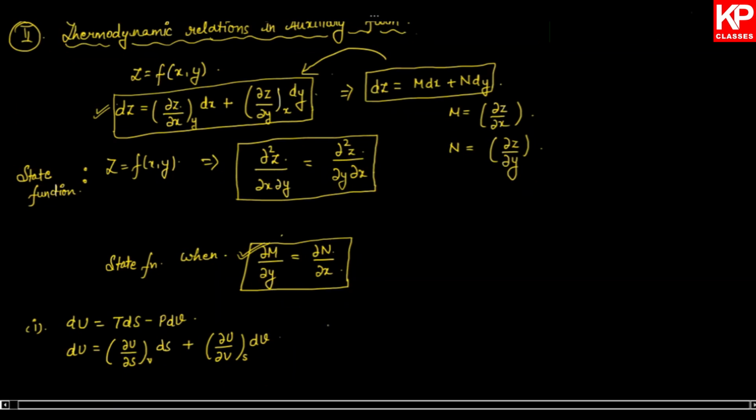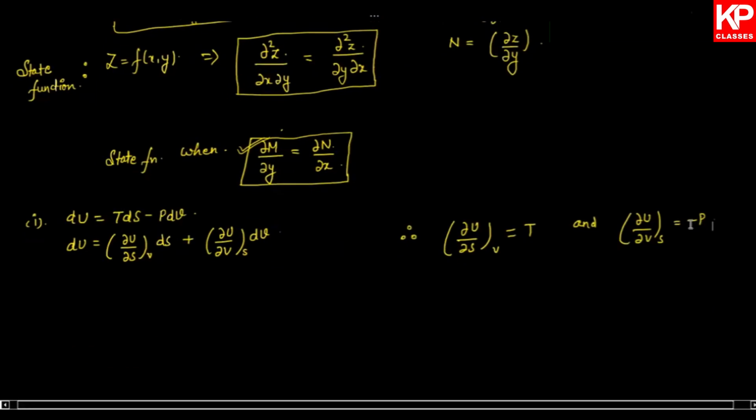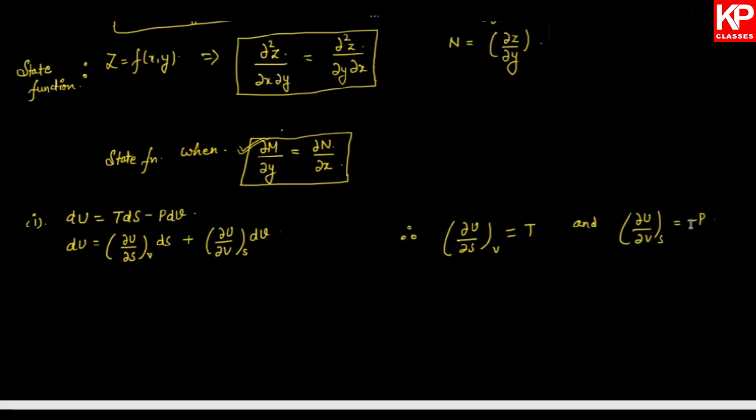With this you will see that ∂U/∂S at constant volume is nothing but temperature, and similarly ∂U/∂V at constant entropy is given by minus pressure. This is the auxiliary form. Please note this down. I hope it is clear how we are deriving all these expressions.